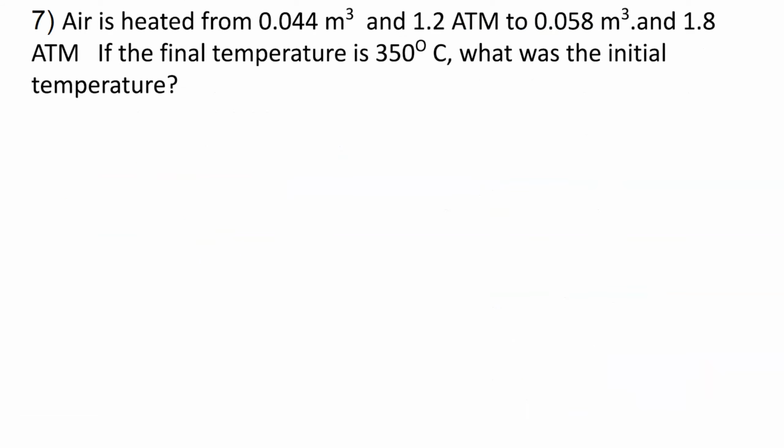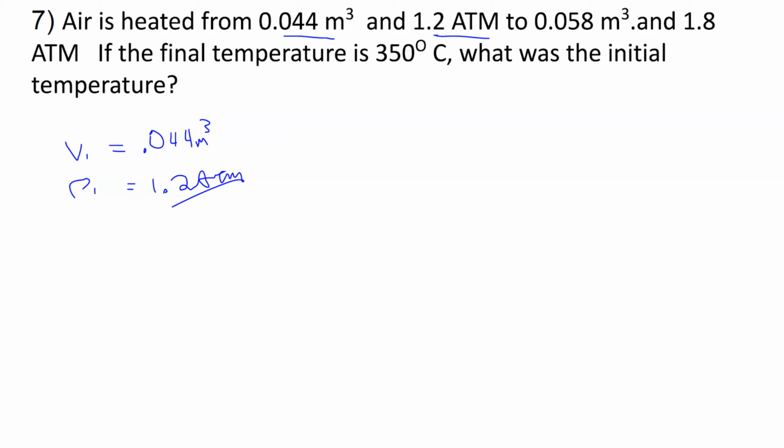Okay. Number 7, I've got air is going to be heated from this volume to another volume, and there's a couple of things given there. This number is a volume, this number is a pressure. So I've already got V1, 0.044 cubic meters. I've already got P1 equals 1.2 atmospheres.